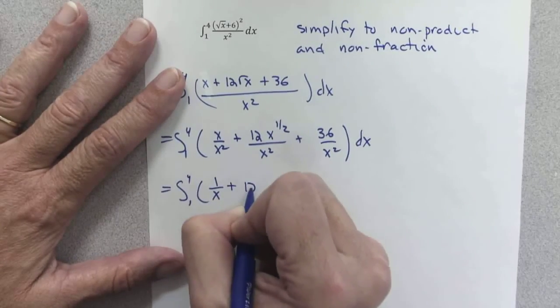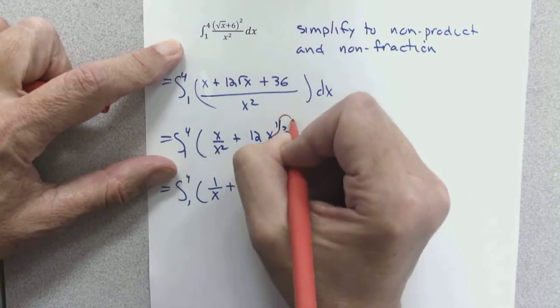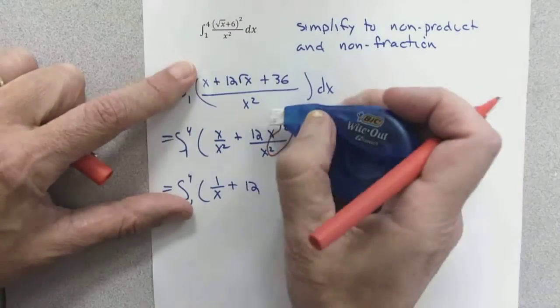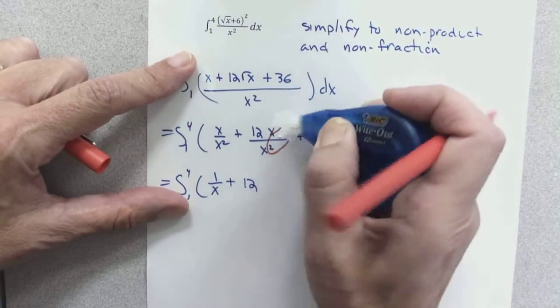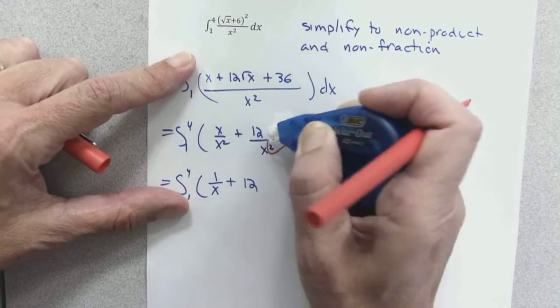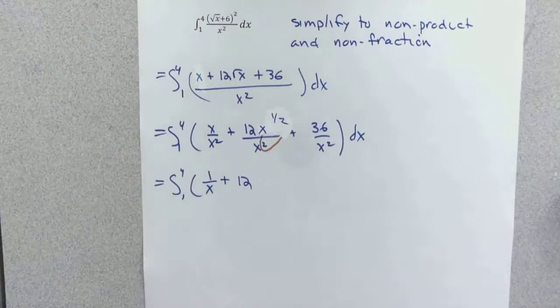But on the next guy, I'm going to take my exponents here. I didn't do a good job of circling those things. Let's try making that look a little prettier. So x to the 1/2.